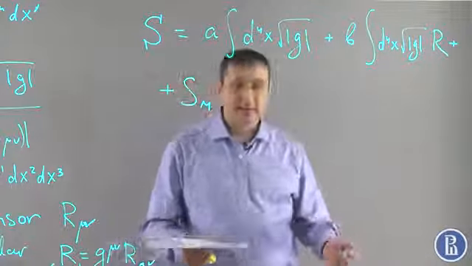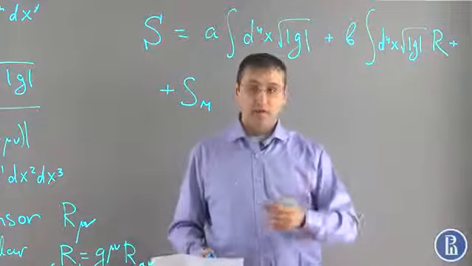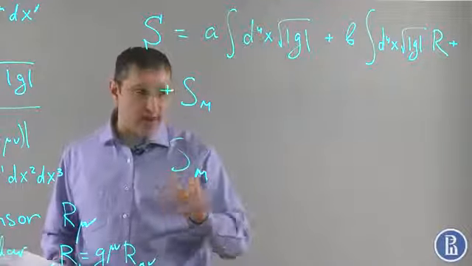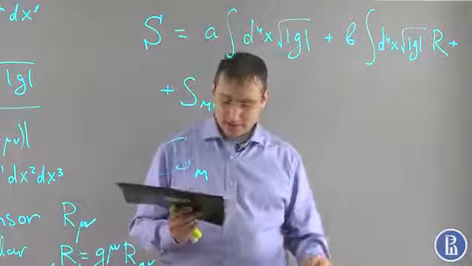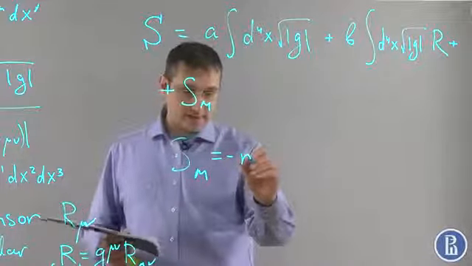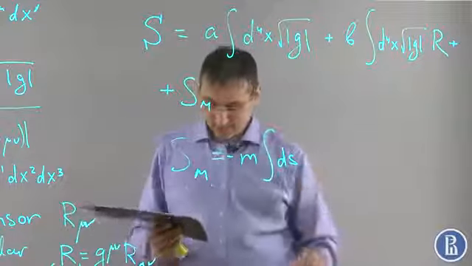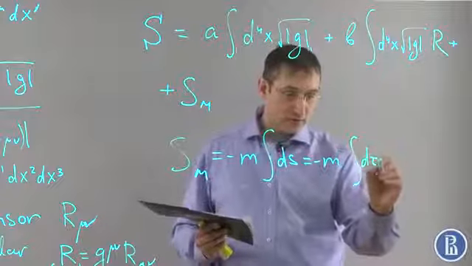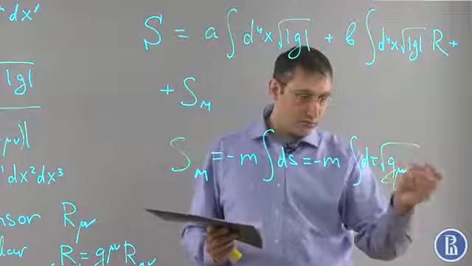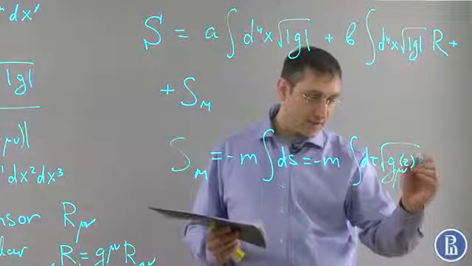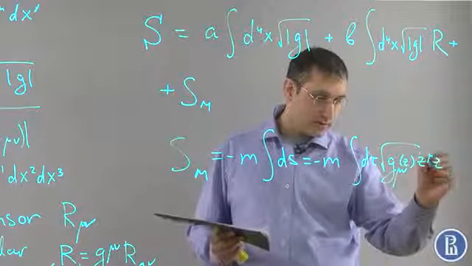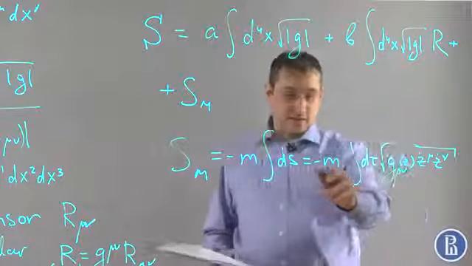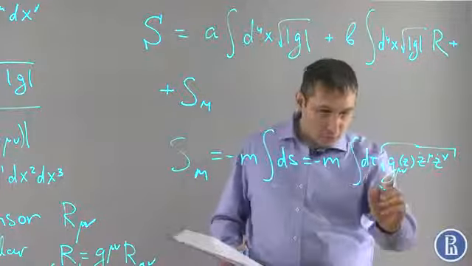The simplest case that we have already encountered during the first lecture is the action for a particle. The simplest example of this matter action is minus m integral over ds, that is, minus m integral over d tau square root of g_{μν}(z) z-dot^μ z-dot^ν. That exactly describes the coupling of the particle to the metric.